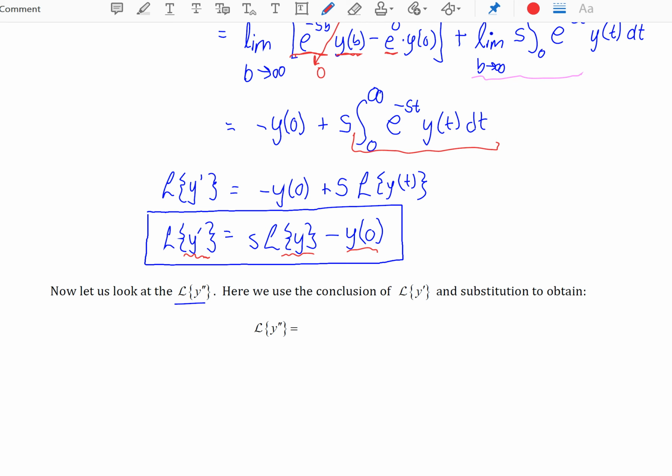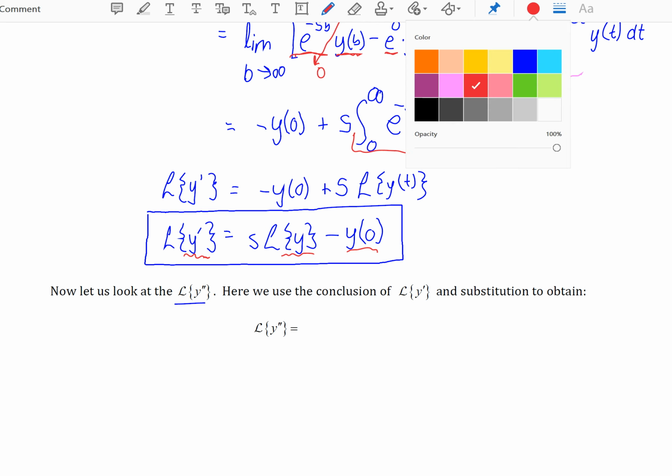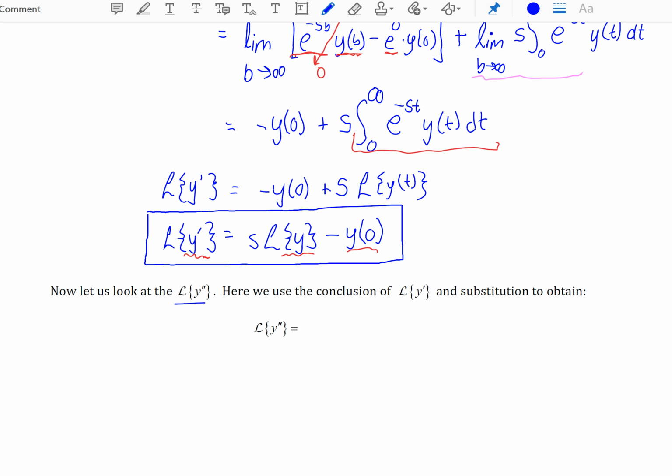So applying that to the Laplace of y double prime, we can write this as s times the Laplace of y prime minus y prime evaluated at 0.